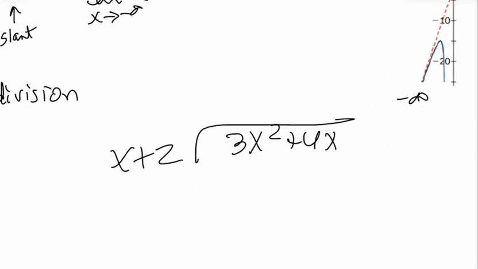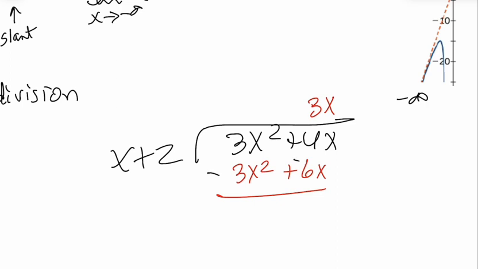What would you multiply x by to get 3x squared? 3x. Then we multiply and get 3x squared plus 6x. Then we subtract, and we get negative 2x. What would we multiply x by to get negative 2x? Negative 2. There's your slant.